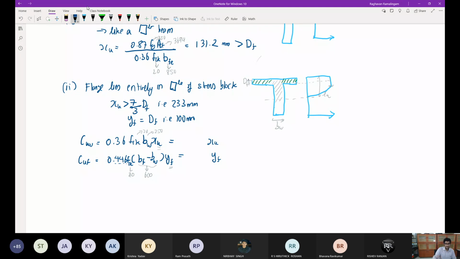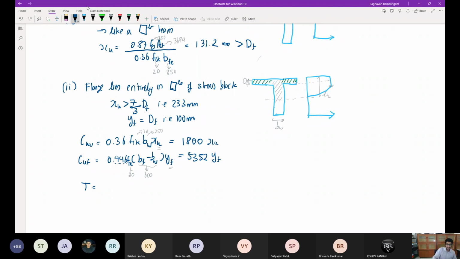1900 XU. 1800, okay. 5352. So this is the general equation for getting CUW and CUF, and you can also find out the tension force.